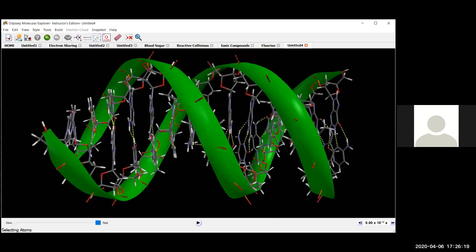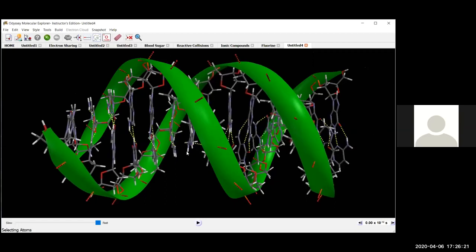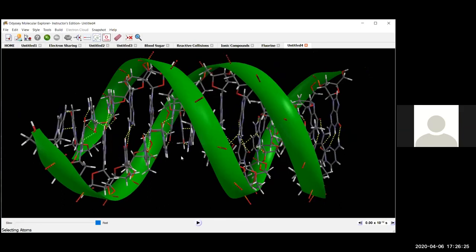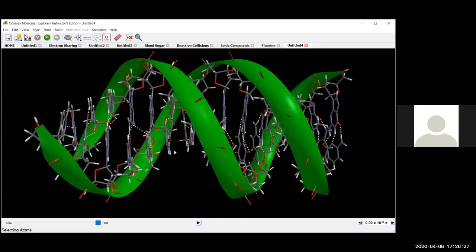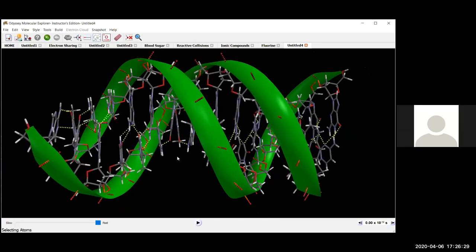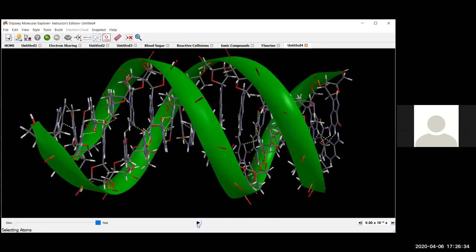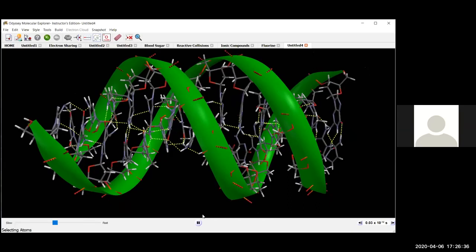And in fact, these are conceptually two molecules that we have on the screen. And I hold down the control key while I'm doing this. I can break the hydrogen bonds here and reform the molecule. And if I then start the simulation, this is now a piece of DNA in the gas phase.